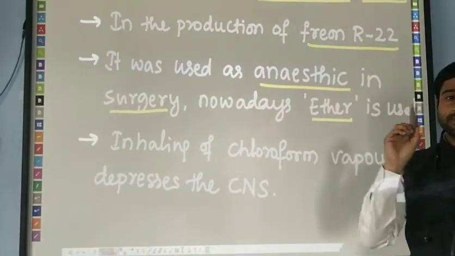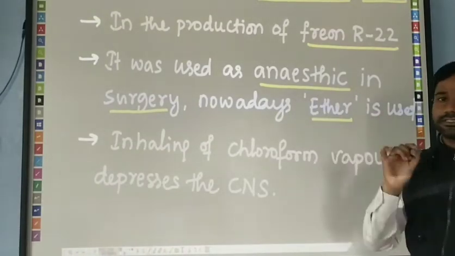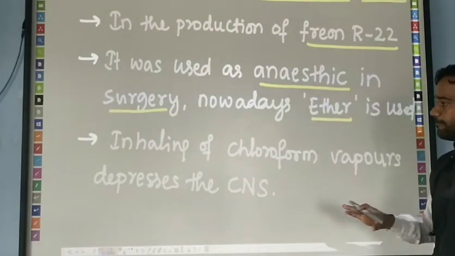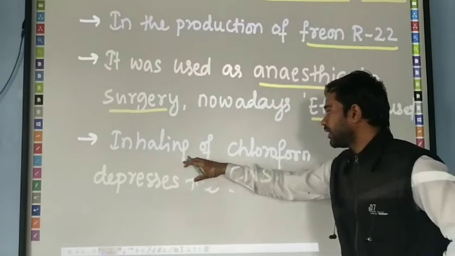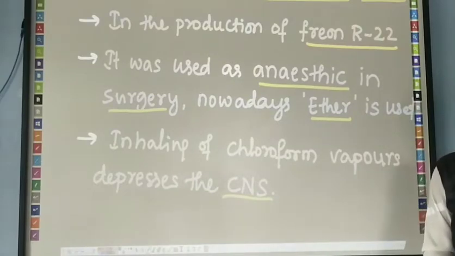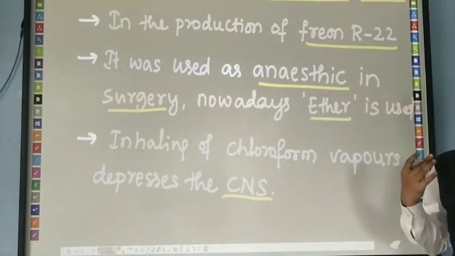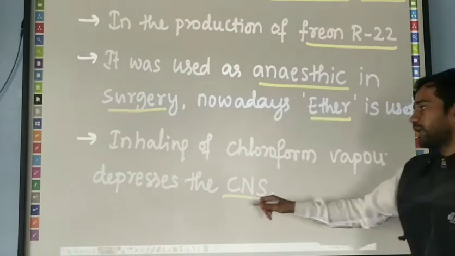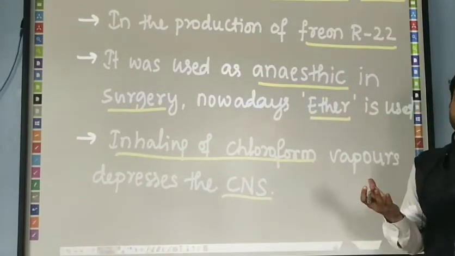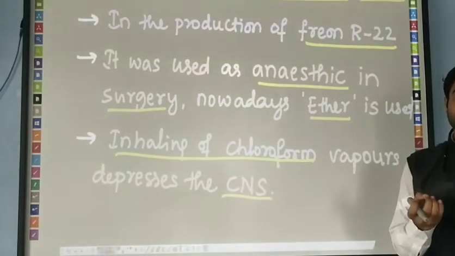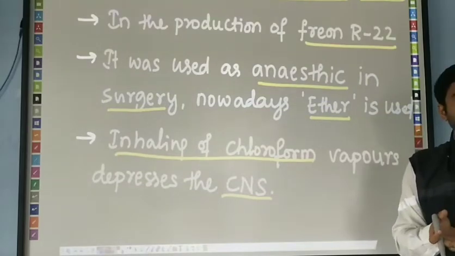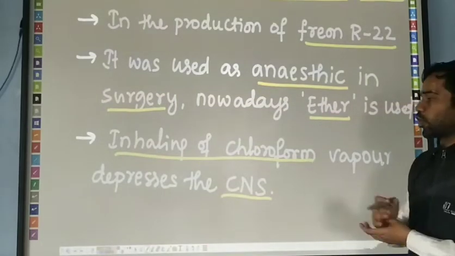That is anesthesia. Inhaling chloroform vapors can depress the central nervous system, so the person becomes unconscious after inhaling chloroform. A side effect is that chloroform is misused for kidnapping purposes.